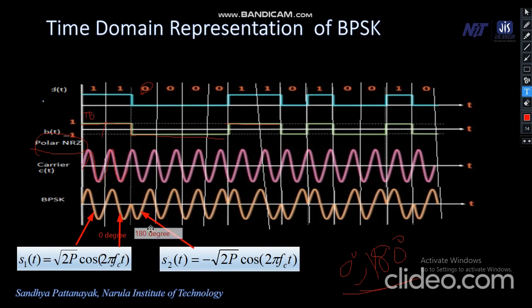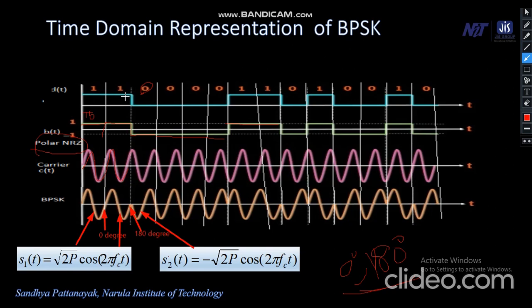right? So the phase shift at this point is your 180-degree phase shift, and the phase shift over here is 0 degree. So what do we conclude from here? When the consecutive bits are different, that is the previous bit is 1 and the next bit is 0, or the reverse, then we observe a phase shift of 180 degrees at the midpoint of both the bits, right?